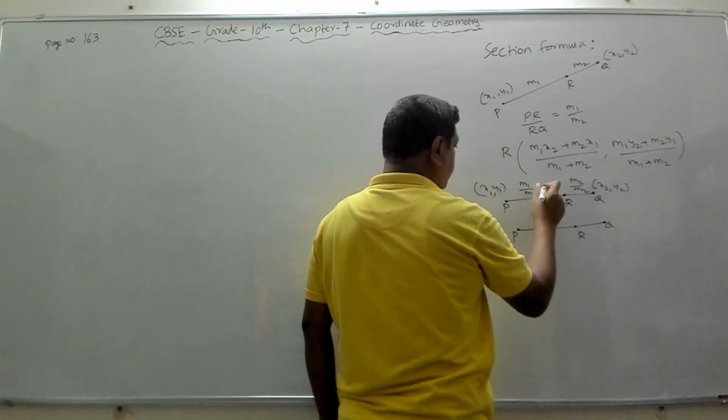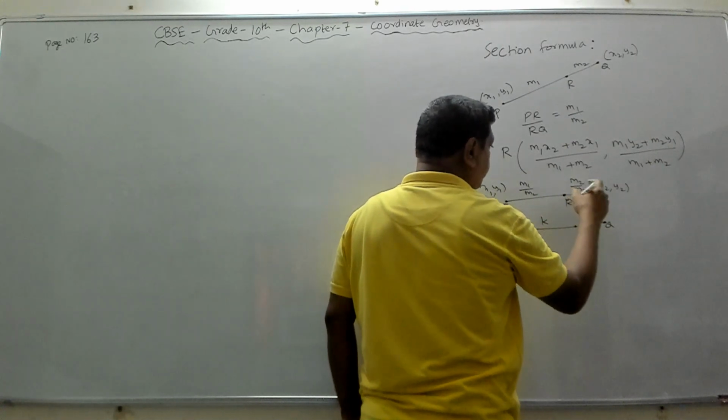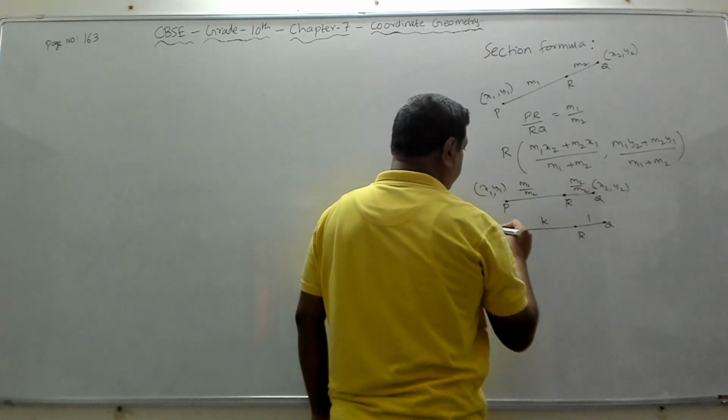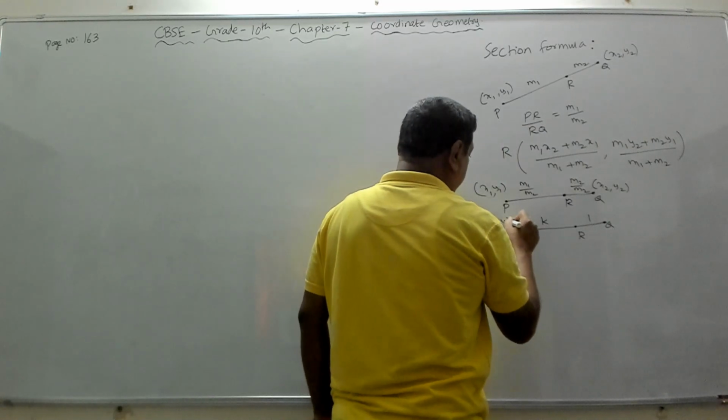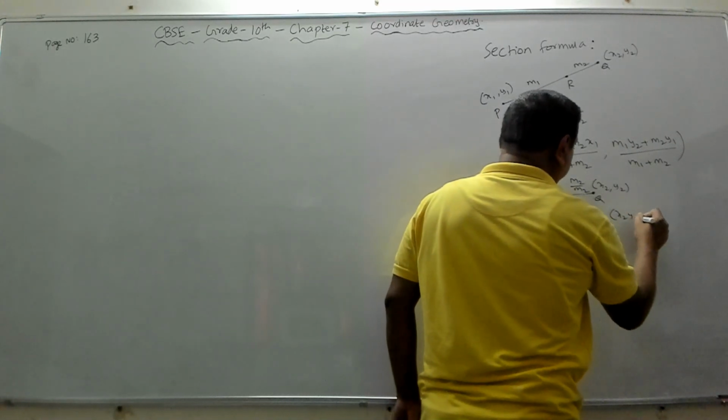Suppose we call m1 by m2 as another value k, then m2 by m2 gets cancelled and you get 1 in the ratio. P is again x1, y1, and Q is x2, y2.